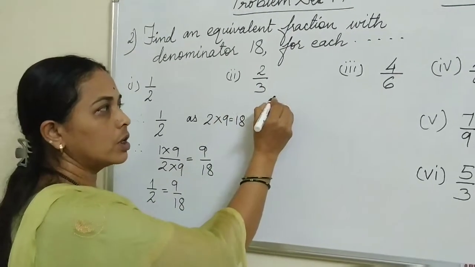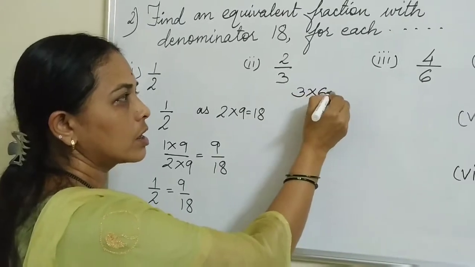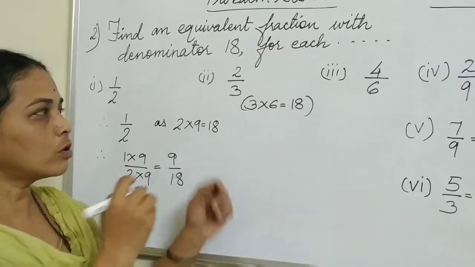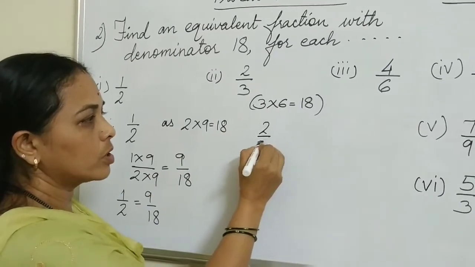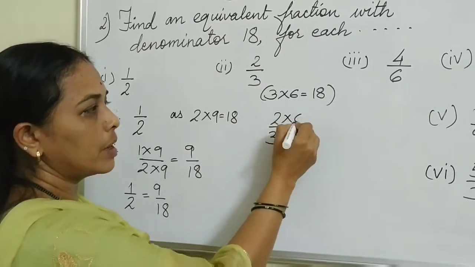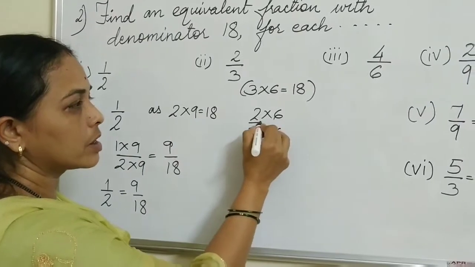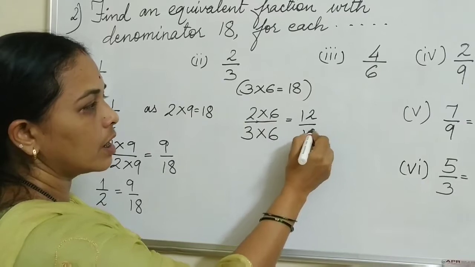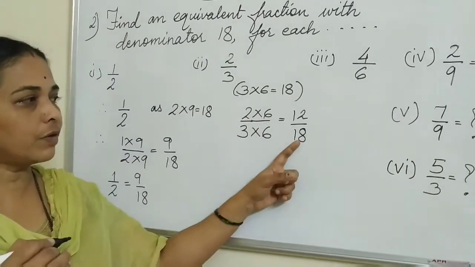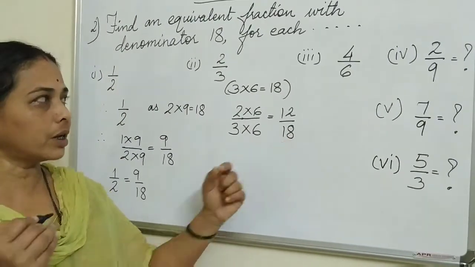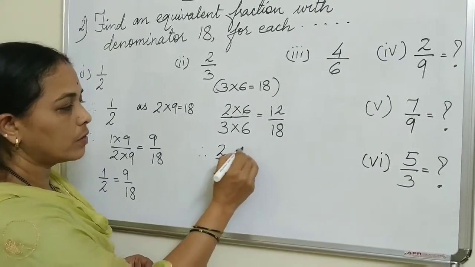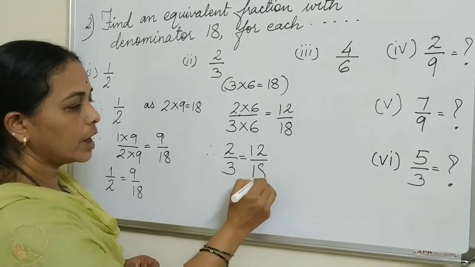So you know 3 6s are 18. Correct? So what we have to do? 2 upon 3. So 2 multiplied by 6 and 3 multiplied by 6. We will get 2 6s are 12 and 3 6s are 18. We have got the equivalent fraction with denominator 18. So therefore 2 upon 3 is equal to 12 upon 18.